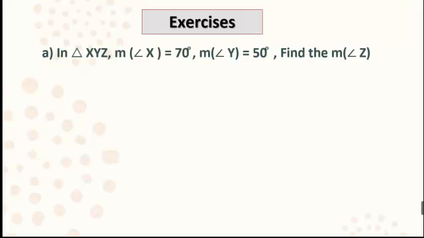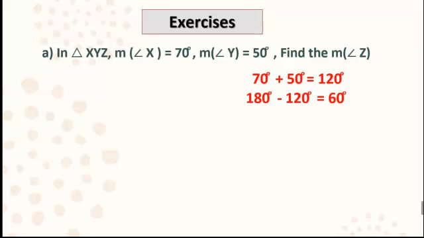Find the measure of angle Z. I have a triangle and measures of two angles, and I want to find the measure of the third angle. As we know, the sum of measures of the interior angles of a triangle equals 180 degrees, and we know that we have two steps to get the third angle. What are they? First plus, then 180 minus.